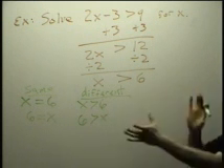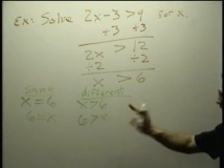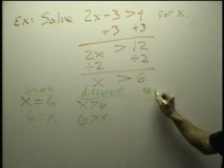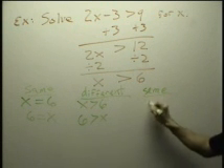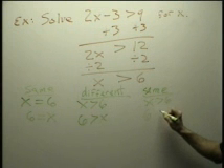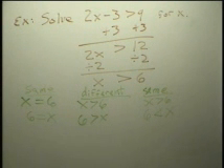So I can't just switch the sides of the inequality unless I also reverse the inequality symbol. If I have x is greater than 6, that does mean the same thing as saying 6 is less than x.